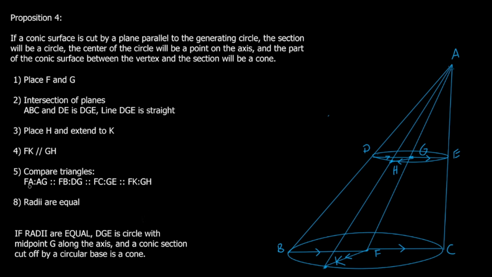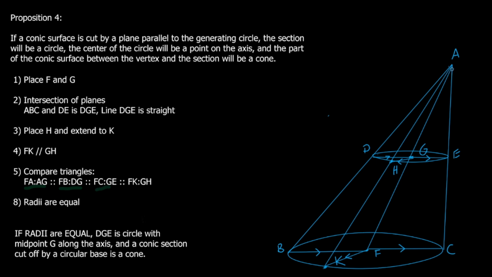So I guess I'll just go through these and highlight where they are. FA to AG is the longer part of the axis to the smaller part of the axis, as FB to DG, FB, the larger part of the base, is to DG, the smaller part of the base, in these similar triangles, is as FC to GE on this set of similar triangles here, AFC and AGE, this base is to this base.